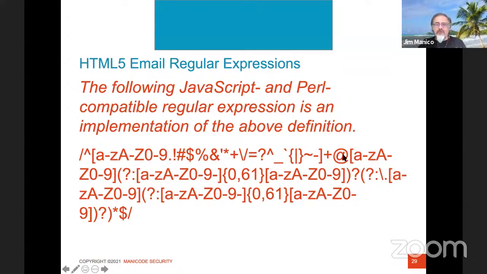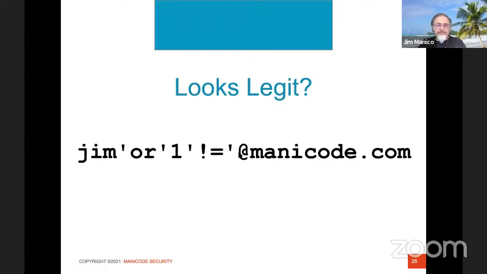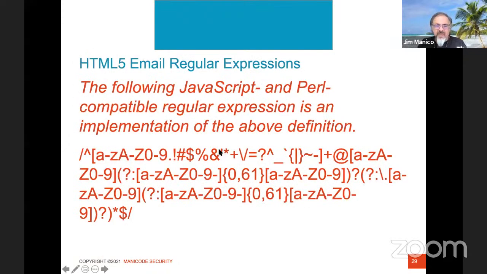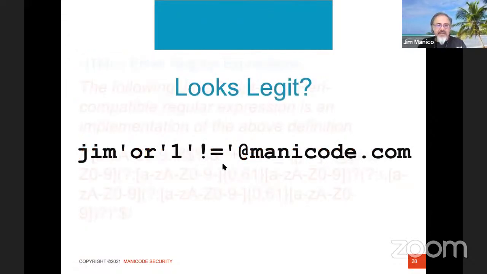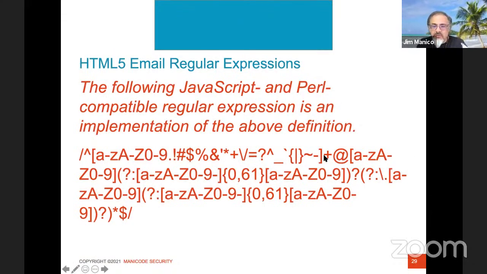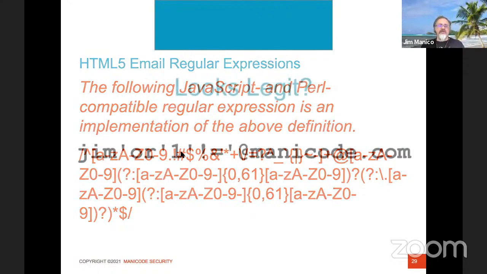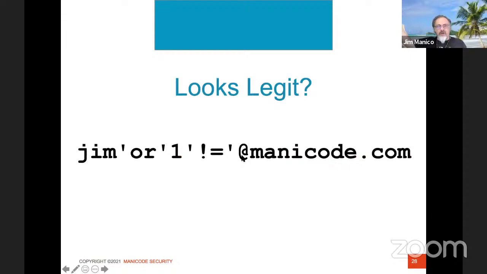And guess what I can use before the at? A single quote is right there. There's my single quote. Equal sign, no problem. Exclamation point, it's in there. Boom. So all these dangerous characters are legal, even for the most restrictive email standard I can find. It's still legal and it's active. You can email me there right now.